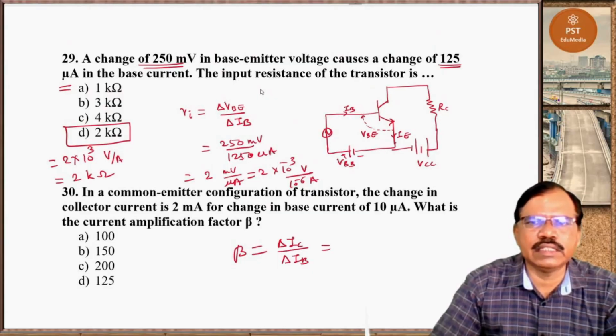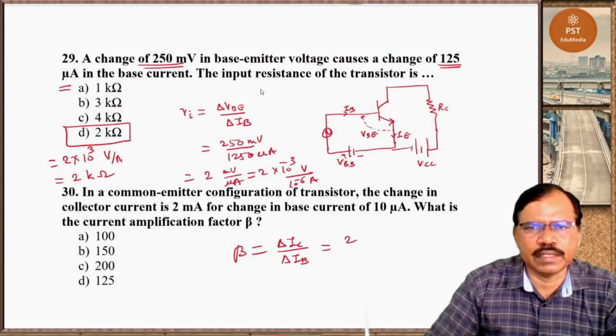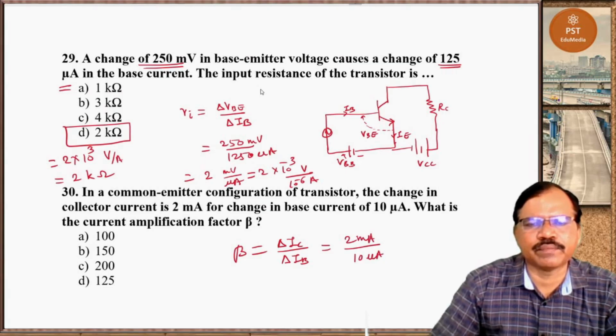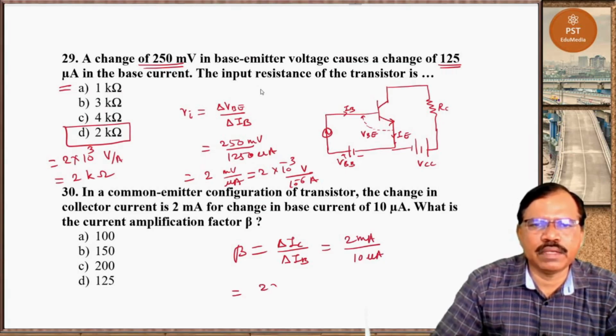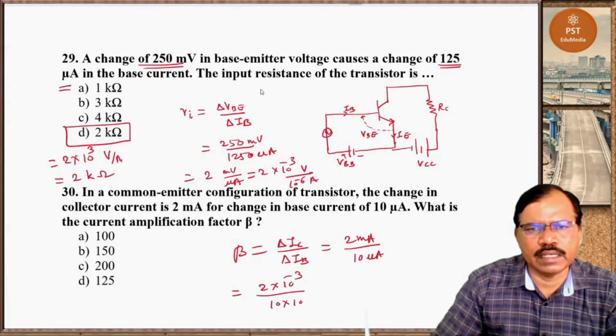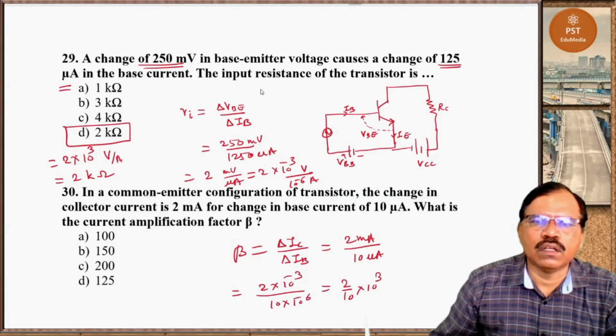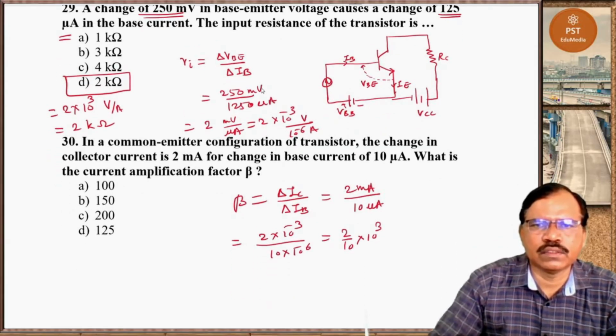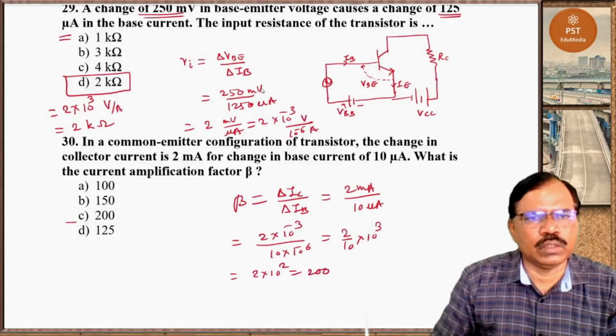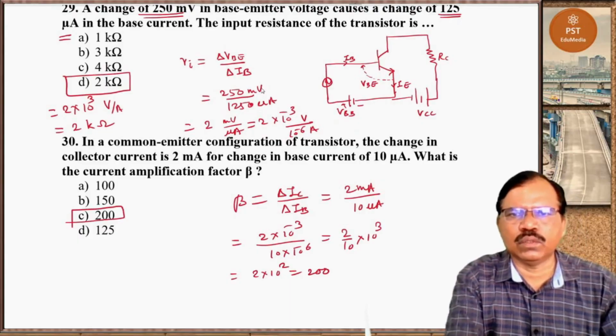Here the change in collector current is 2 milliampere and the change in base current is 10 microampere. So 2 milliampere means 2 into 10 raised to minus 3, and 10 into 10 raised to minus 6. So 2 by 10 into 10 raised to 3, we get 2 into 10 raised to 2, that is 200.